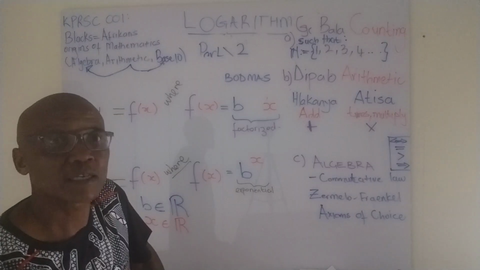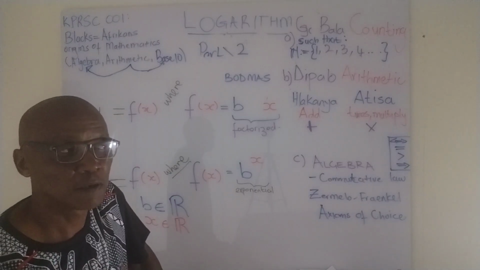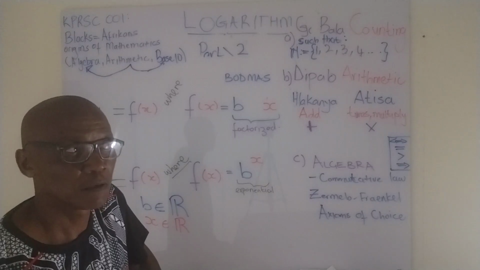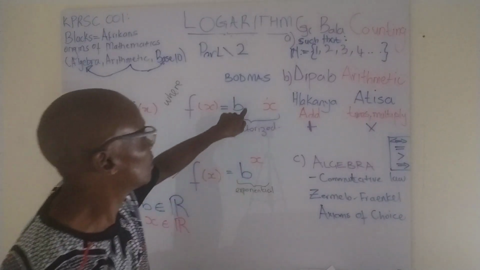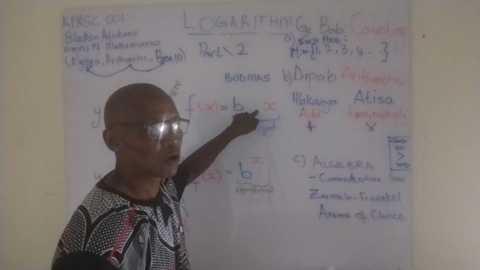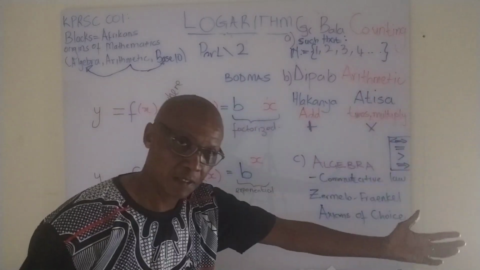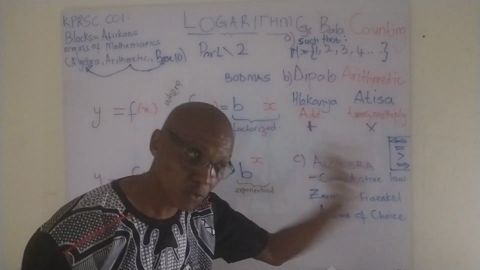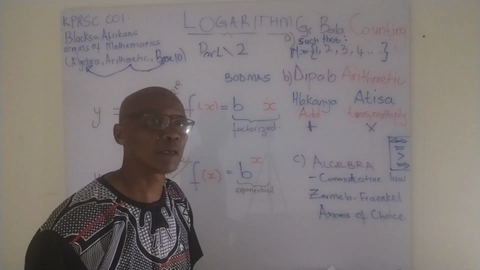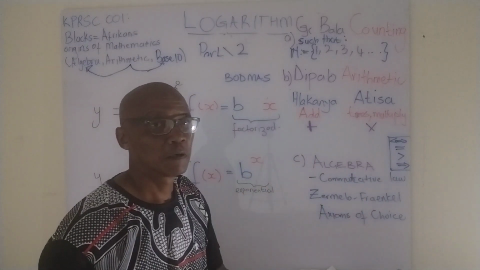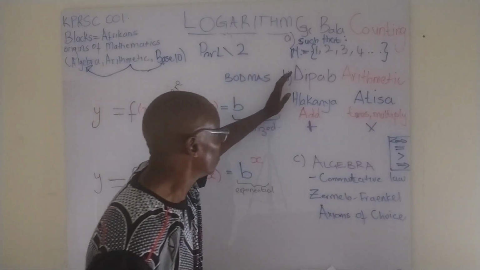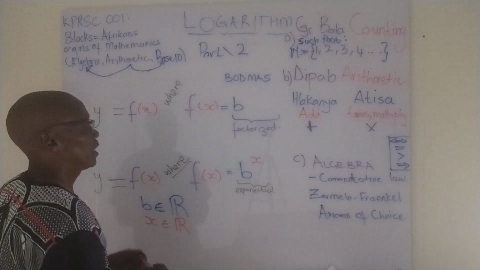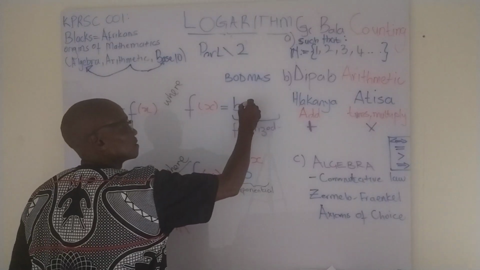And it reads bx. When you don't see an operator, it means multiply. Some people put a dot here, but the dot is reserved for vectors. It also means product, it also means multiply, but for vectors. So there's nothing wrong in putting it here, but we write it nicely as bx.